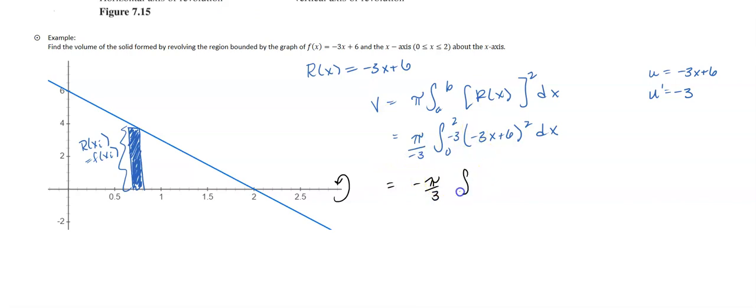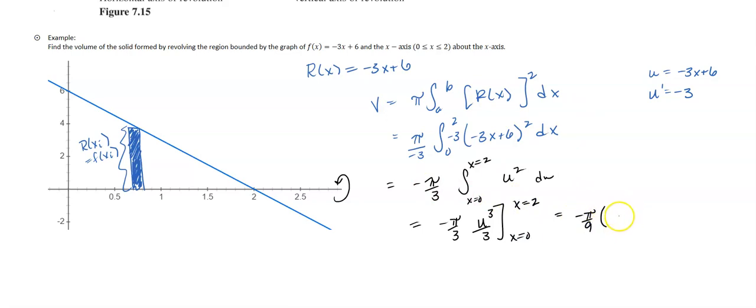So now I'm taking the integral from x equals 0 to x equals 2 of u squared du, which we know is u cubed over 3. And I get negative pi over 9 times negative 3x plus 6 cubed, and that goes from 0 to 2.